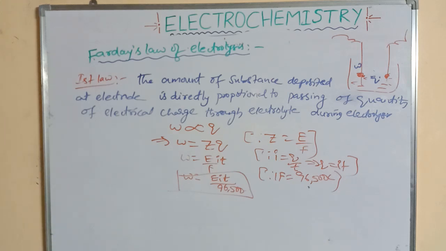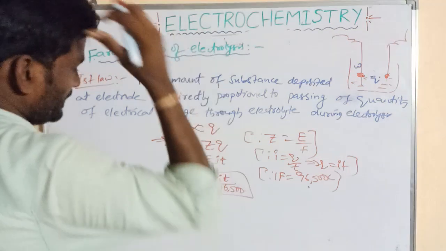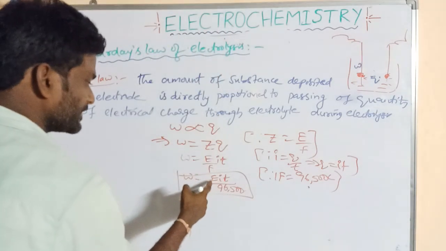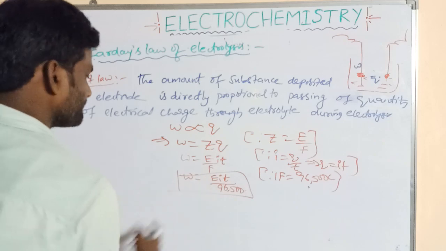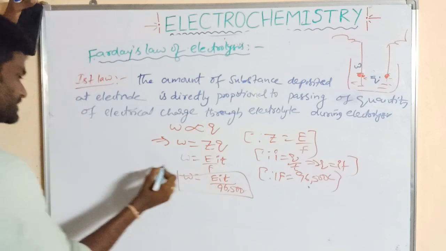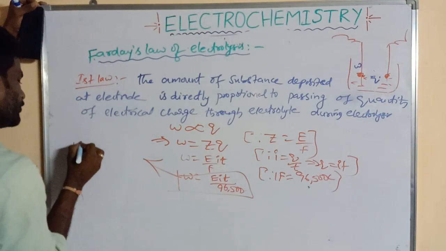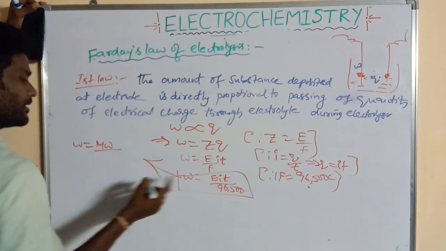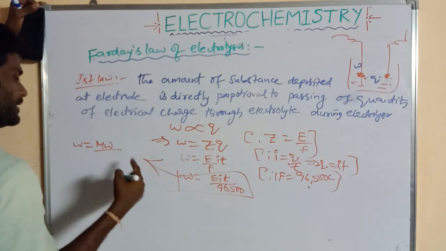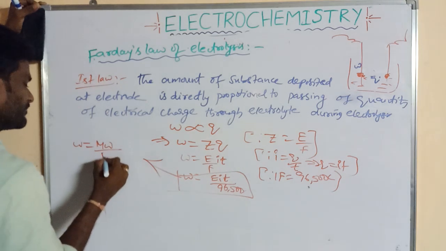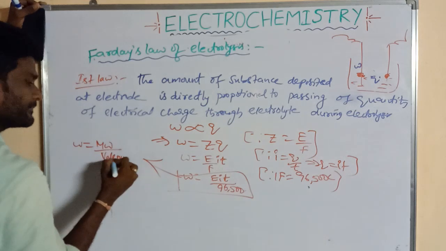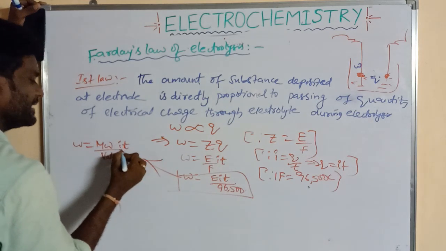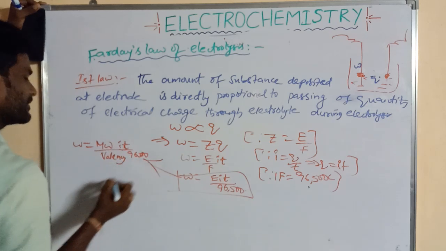Now this can be written, so what is the formula? W is equal to E, where E is equal to molecular weight by its valency, into IT by 96,500.